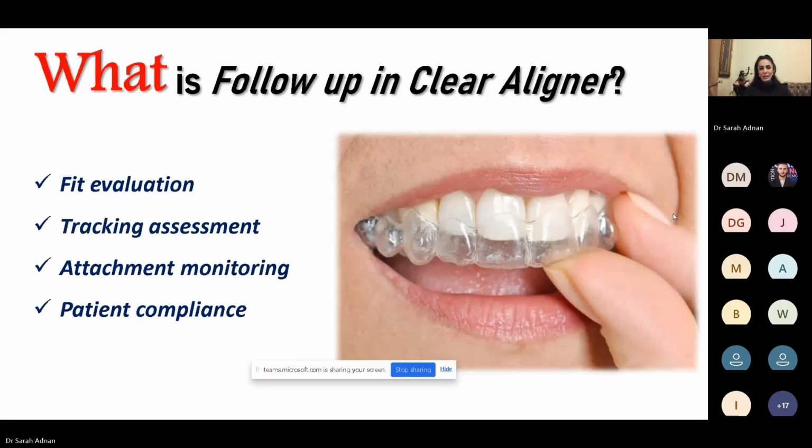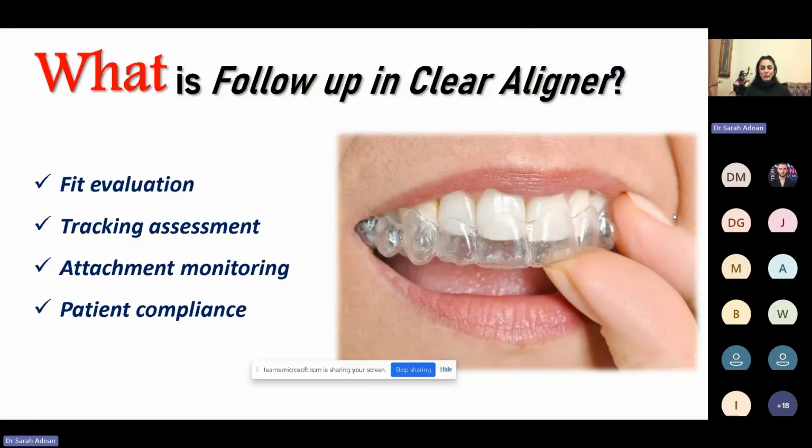So, as we said, we will focus on follow-up in clear aligners. What do we mean by follow-up? Follow-up is not just changing aligners, seeing the patient every 10 days or every 2 weeks, and giving them a new appliance. No, it's not. It's an active clinical intervention and active clinical control.